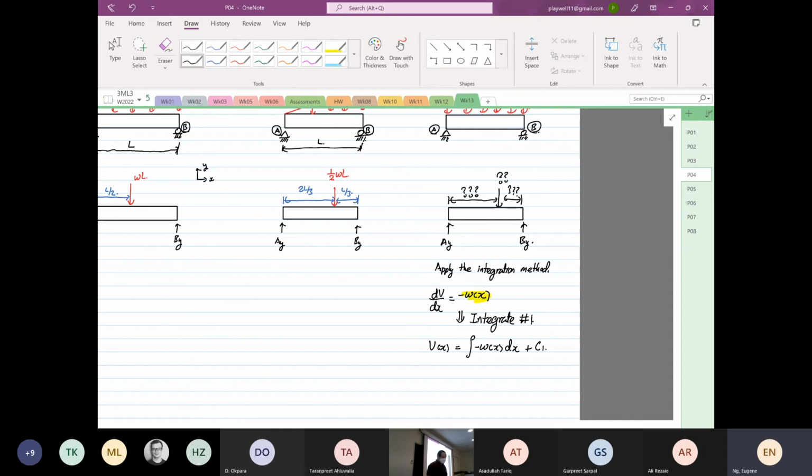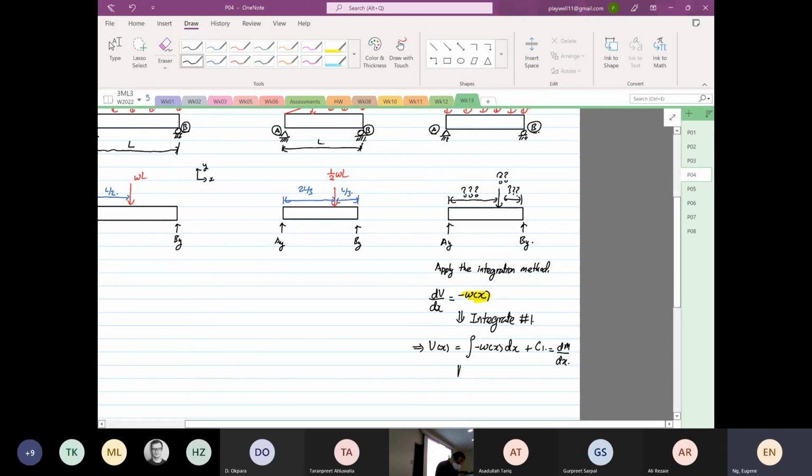And this whole thing is also equal to dM by dx. So this function over here, as you can see, the first one, is your shear force as a function of x already. And the shear force as a function of x is equal to dM by dx.